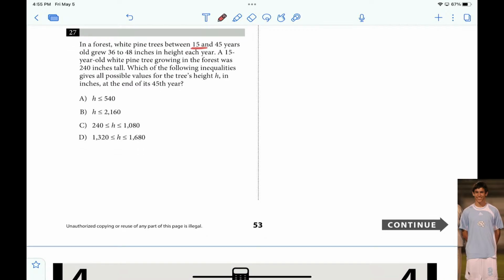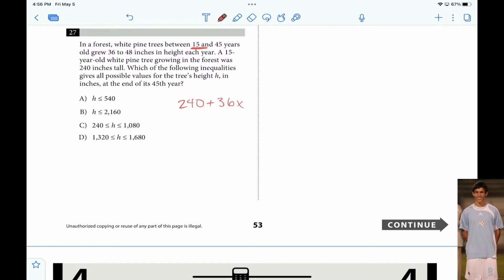So that means that height was 240. A lot of people want to say, oh, the answer is C here. But no. It's going to either grow by 36 inches per year. So 240 plus 36 times however many years. We'll say x years.